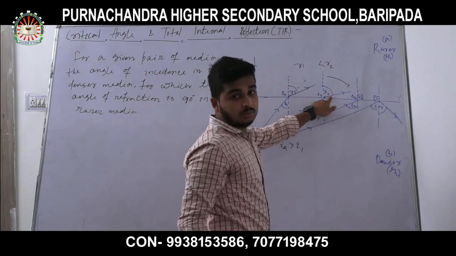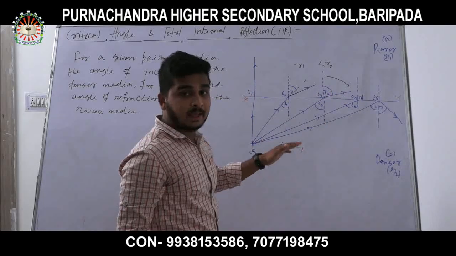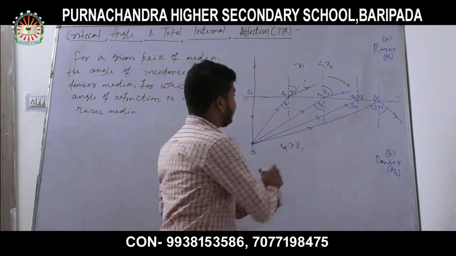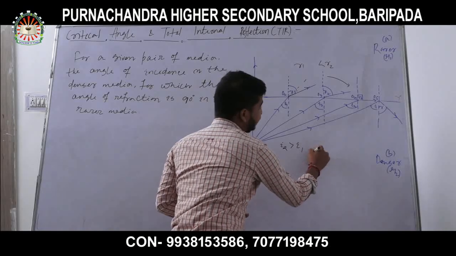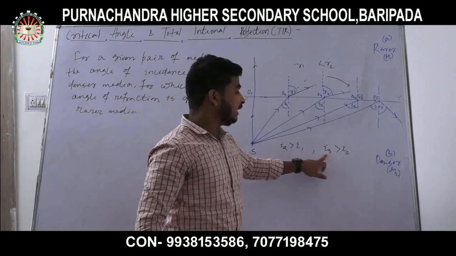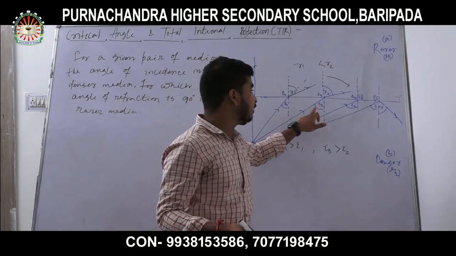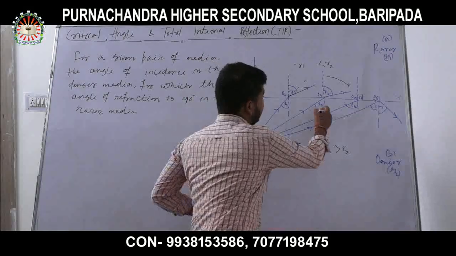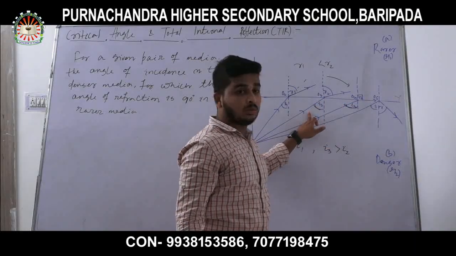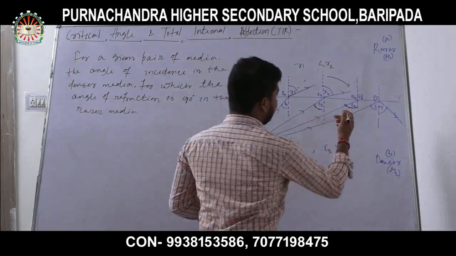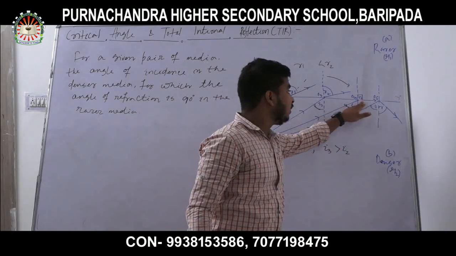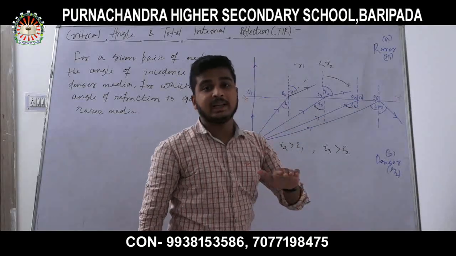This is R2. So what will happen if I again increase the angle of incidence, that is from I2 I increase to I3, which is greater than I2. This is the angle I2 and this is the angle I3. What will happen? Now the ray will move parallel to the interface.